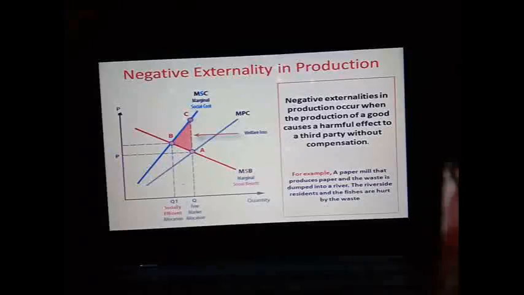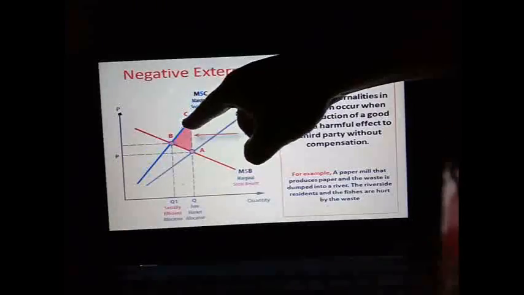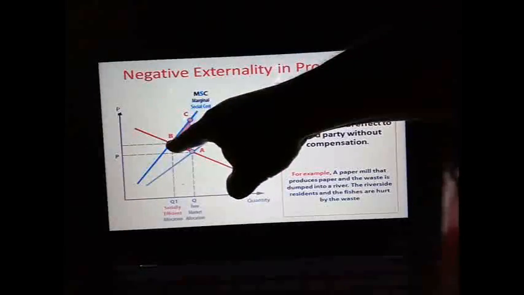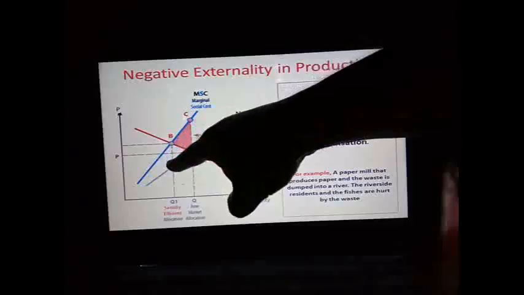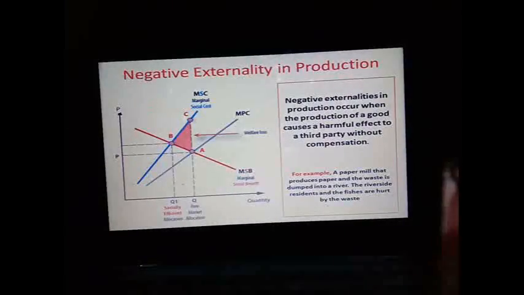Now, from the social point of view, our marginal social cost curve intersects our benefit curve at point B, where it reaches its equilibrium and fixes the equilibrium quantity at Q1, and that Q1 is called our socially efficient allocation. So our society demands to produce Q1, but the producer is producing output up to Q. So the producer is producing more than our socially optimal quantity.